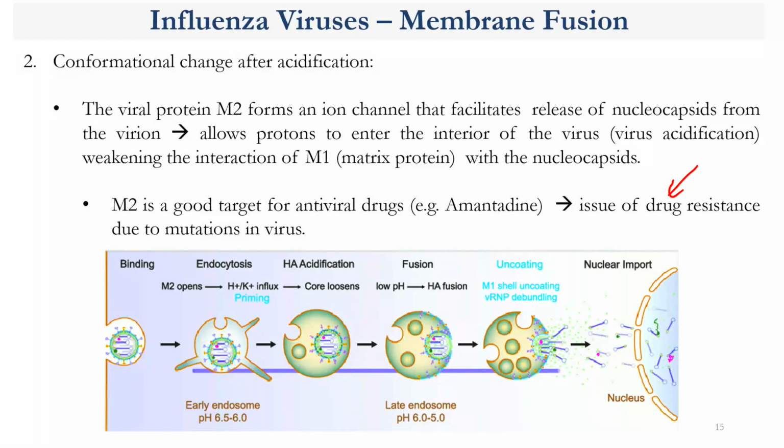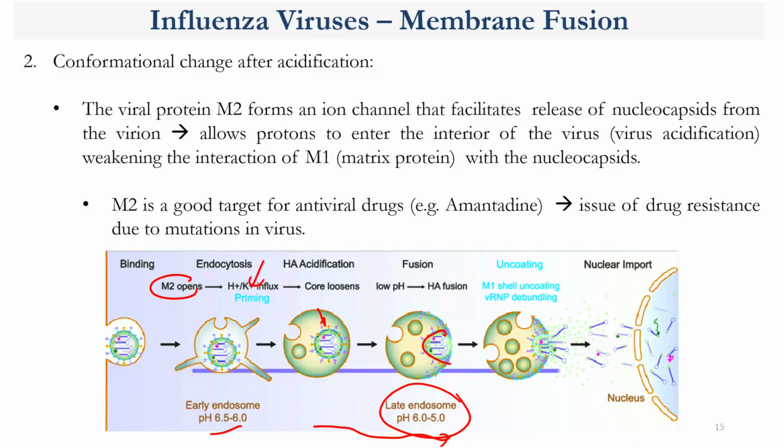So let's look at the figure. Here's your, again, binding and internalization of the particle. M2 opens, and you have your influx of protons, and in this case, potassium as well. So this is the early endosome at a pH of 6.5 to 6. And as it gets more and more acidic, your core will loosen, and eventually, when the pH gets to about 6 to 5, a little bit below 6, your fusion will start to happen.